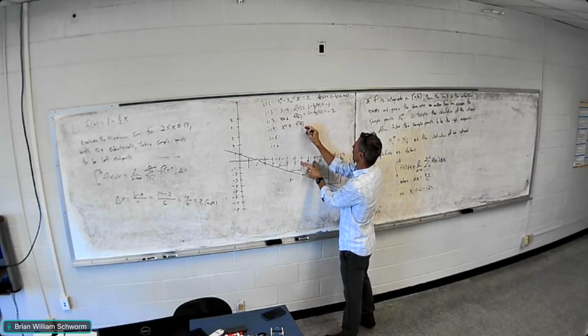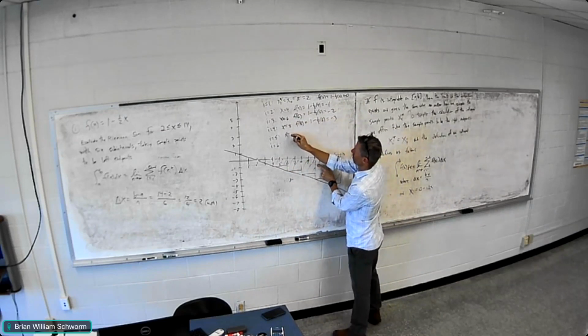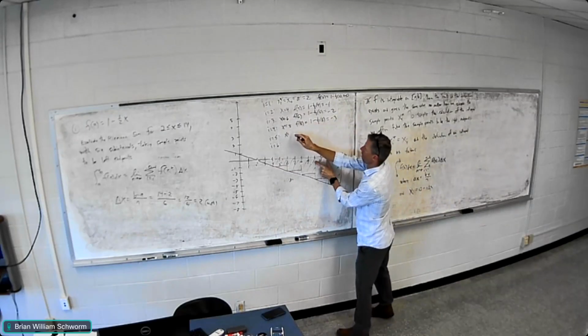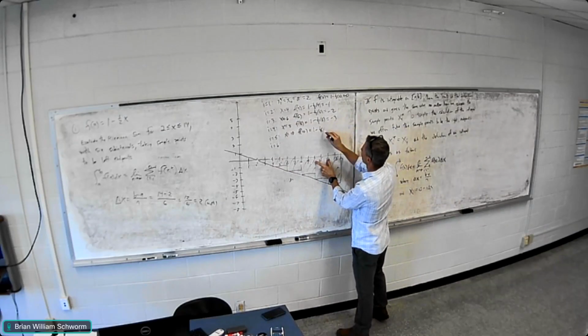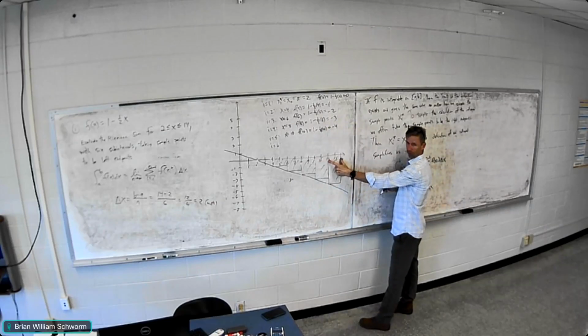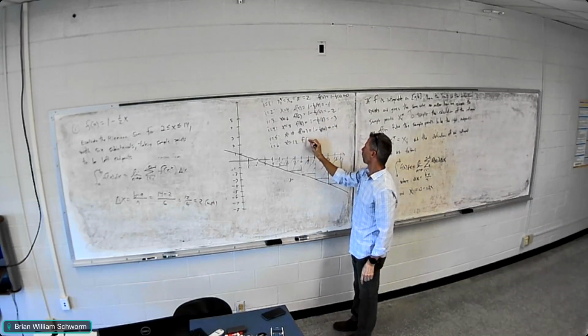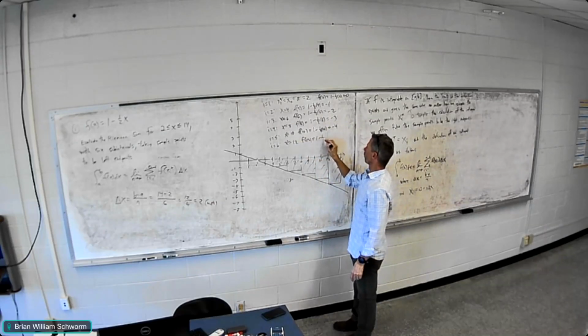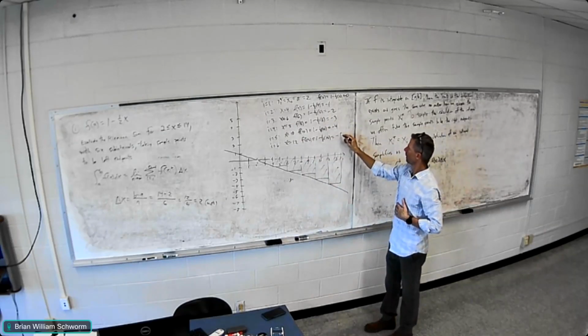F of 8 is -3. Fifth one, it's 10. F of 10 is -4. And then the last one, the x value they want me to use is on the left side there, so it's 12. F of 12 is -5.